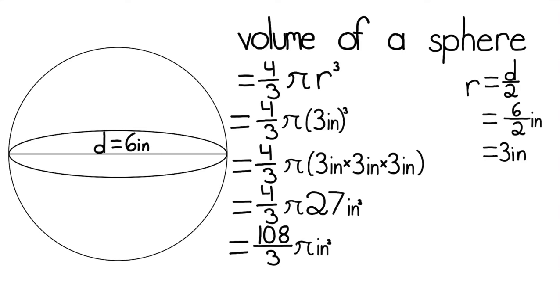So now what are we going to do? One of our last steps is we're going to do 108 times 3.14, which is what most people use in the calculations when multiplying a number by pi. So which equals 339.12 over 3 inches cubed, right?